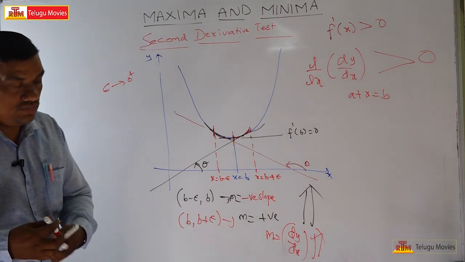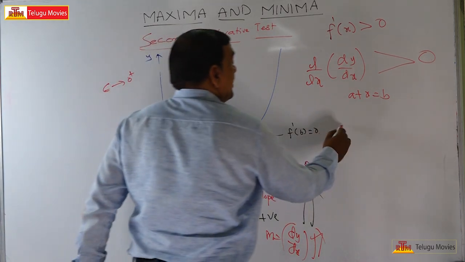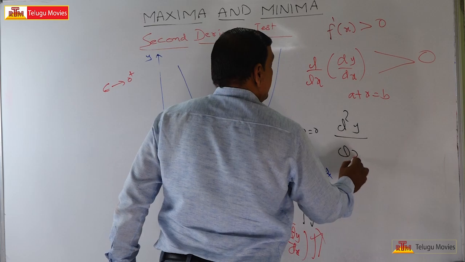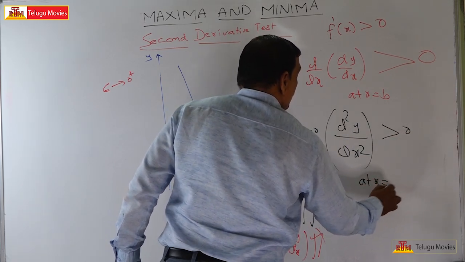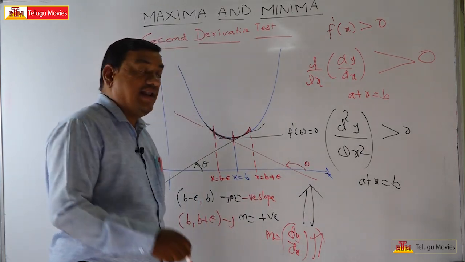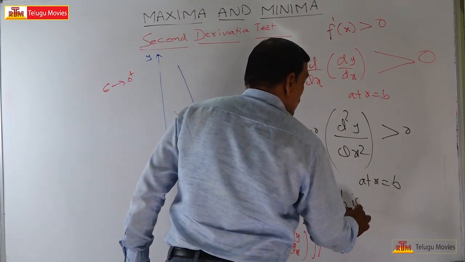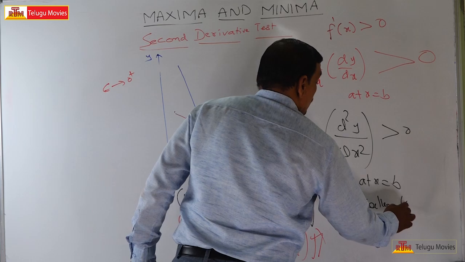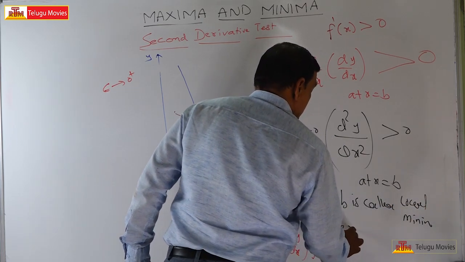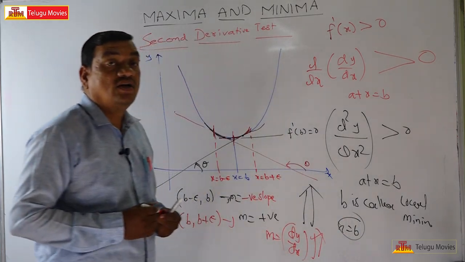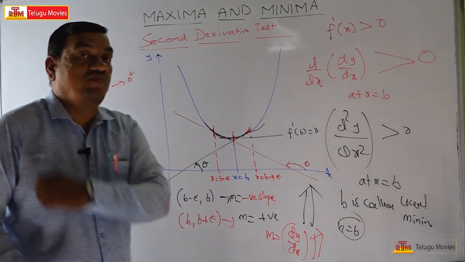Understand? That is d square y by dx square is greater than 0 at x is equal to b. Then b is called local minima. That means at x is equal to b, you will get a local minimum value.